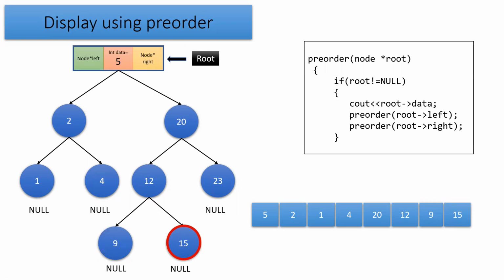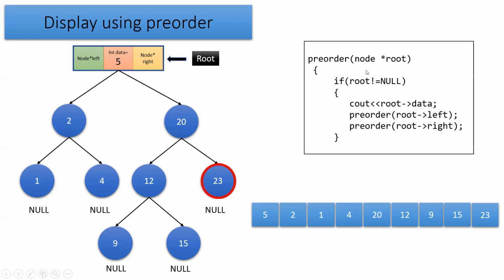After the 15, no left and right child is present, so it will go back for the parent node and grandparent node and then it will go to the right side and then it will display the 23. And for the 23, no further left and right child is present. So as the tree is over, it will stop now and we'll see the output: 5, 2, 1, 4, 20, 12, 9, 15, 30, 23. So this is the pre-order output of this binary tree.